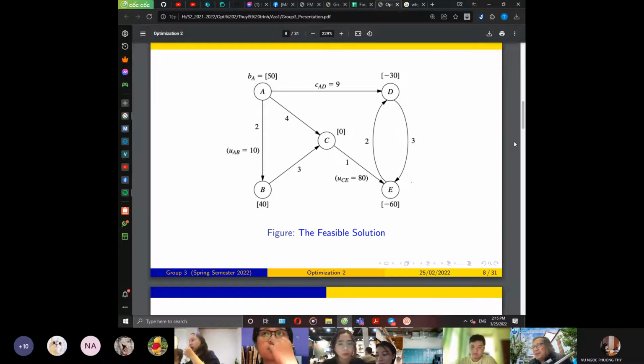So first, we have some capacity constraints, which is the upper bound of the arc capacity. Here we can see that we have UAB, UCE, and UAD. So that is maximum. No, not UAD. Do we have UAD? Oh no, I was mistaken.